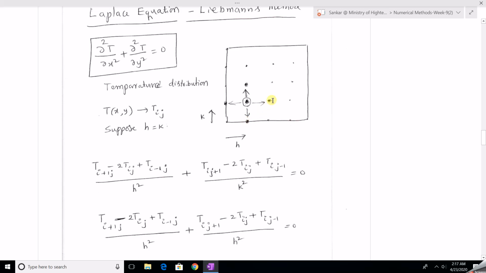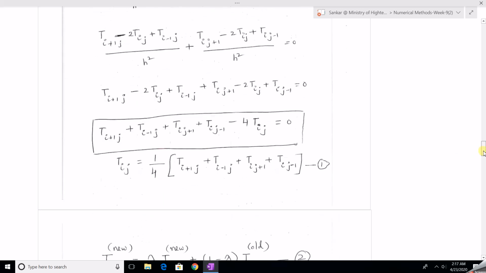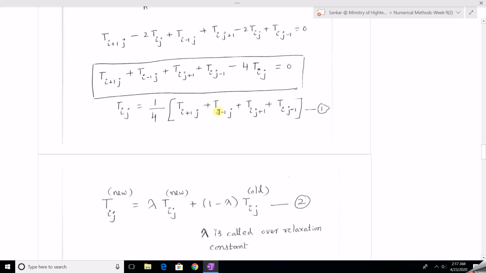So you have to add the temperatures at all these 4 surrounding points and divide by 4. That will give the temperature at the middle point. This is the equation we are getting after substitution of the approximations.